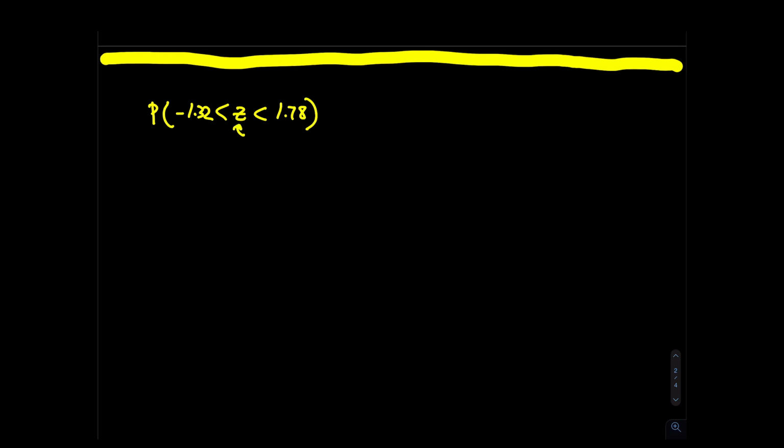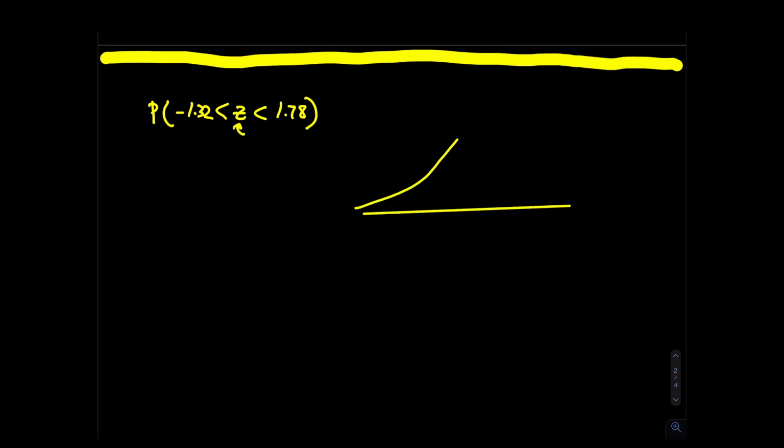They're saying we have a standard normal distribution. Why? Because I've given you a z. So I have a standard normal distribution. That's my z-axis. This is my probability axis. That's 0.